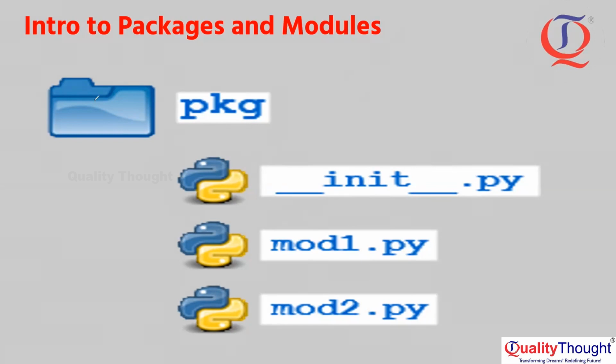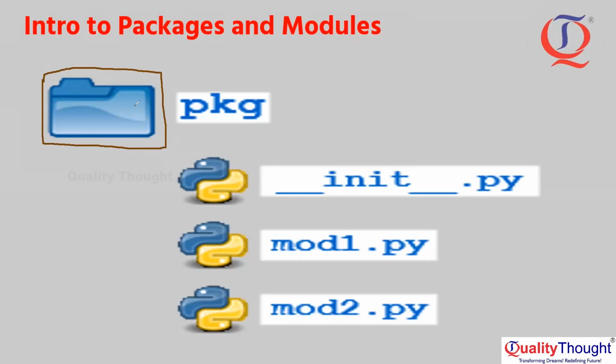Now here, this is basically a normal directory, a folder. Somewhere we need to create it in the computer, or maybe over a tool, or maybe over the system. It's a normal folder.